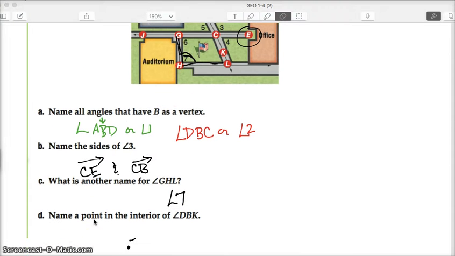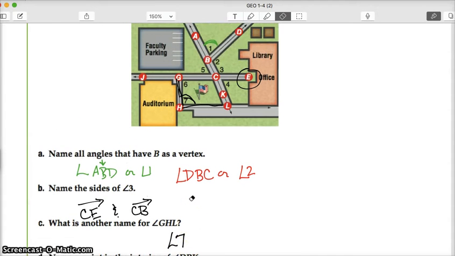So our final question in this example is to name a point in the interior of angle DBK. So we go back to our diagram, we look for angle DBK. There's D. Let's mark it off.